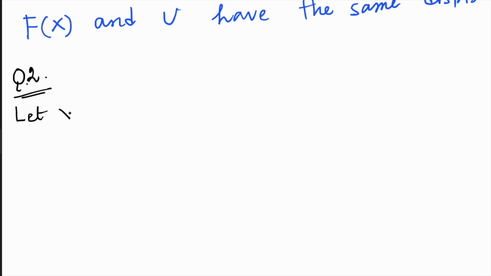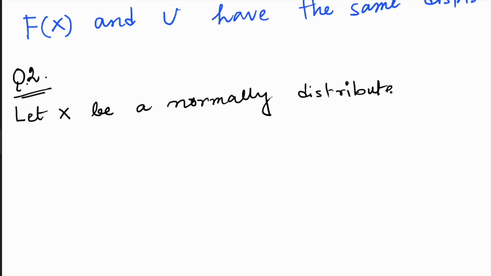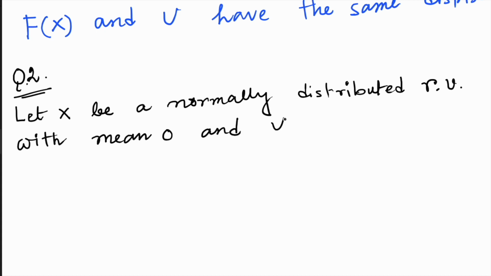Let X be a normally distributed random variable with mean 0 and variance 4.